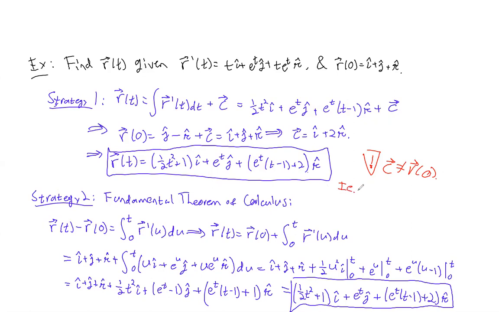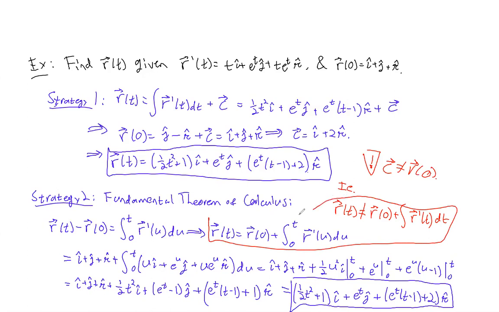It's not true that r of t is equal to r of 0 plus the general antiderivative of r prime of t dt. That is not what this says. This is the definite integral from 0 to t, not the antiderivative, not the general antiderivative. So keep this in mind. These two objects here are not saying the same thing. It's subtle, but it's important to recognize this.